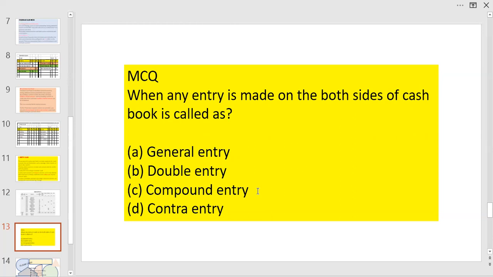For example, if you buy a computer and also some computer stationery, one is an asset, the other is an expenditure, so both will have to be shown separately. So debiting these two accounts separately, credit the supplier in one entry. So these are called compound entries. All these three do not refer to the above question, therefore these are not the answer. So entries on both sides of the cash book are called contra entry.